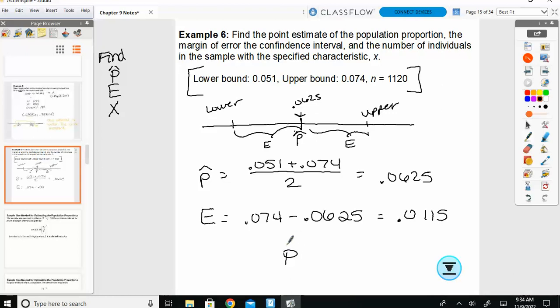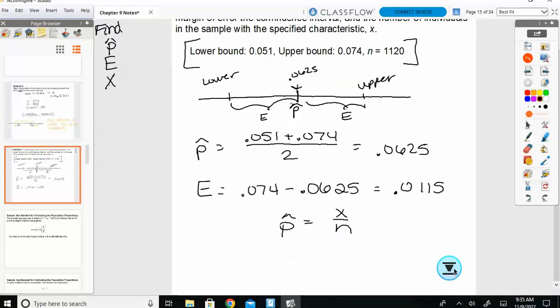The final thing I want is x. Remember, p hat is x over n. We found p hat. I don't know x, and n was given in the problem.